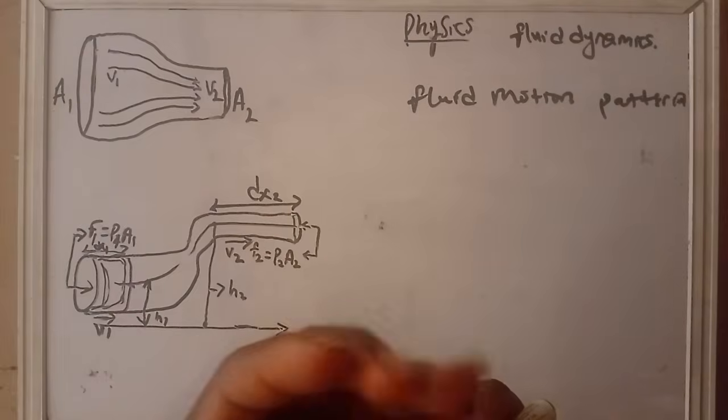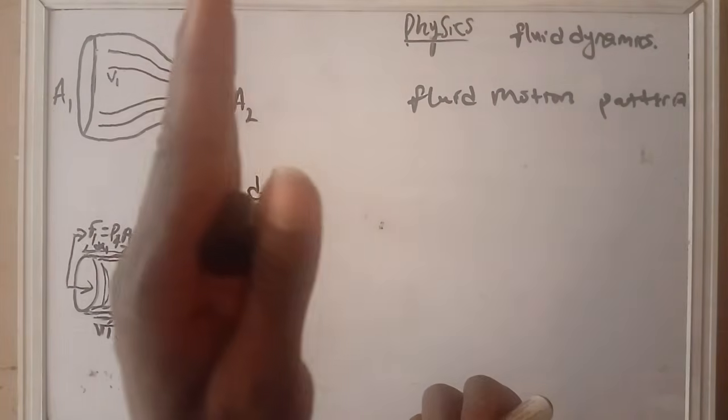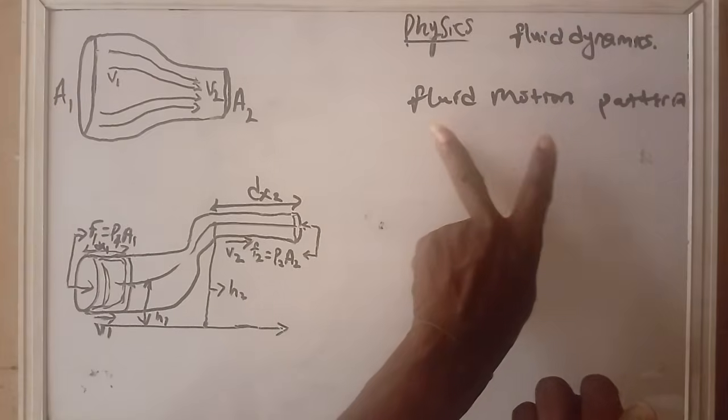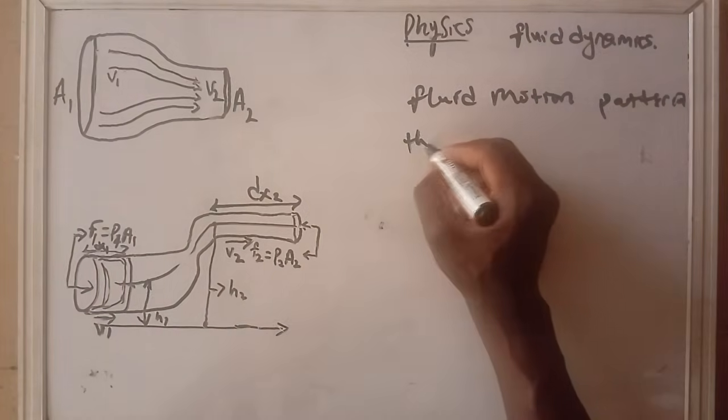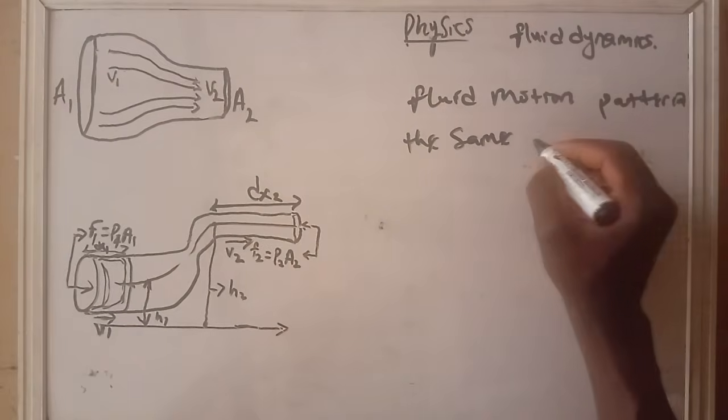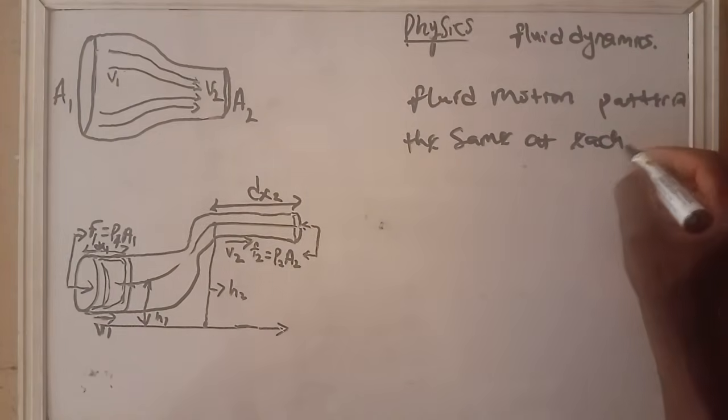Whenever a fluid is flowing steadily, the pattern of the motion of the fluid is constant. What do we mean by that? It is the same at each point.